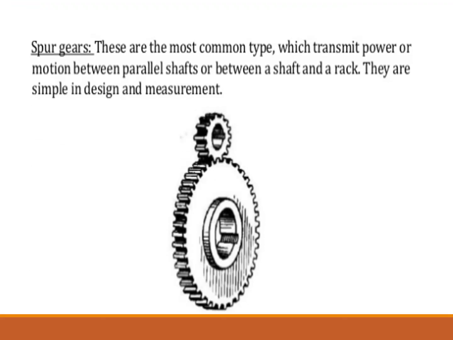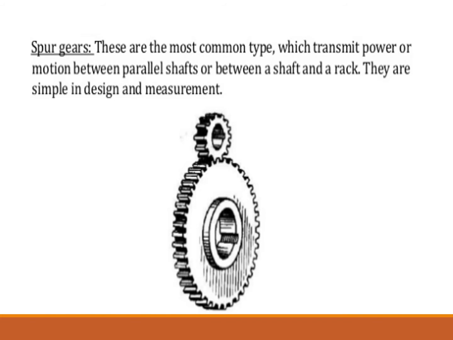In this presentation, we discuss different types of gear. First, spur gear. Spur gears are the most common, most widely used and least expensive gears. A spur gear is a wheel with teeth cut parallel with the axis of rotation. The teeth are straight.